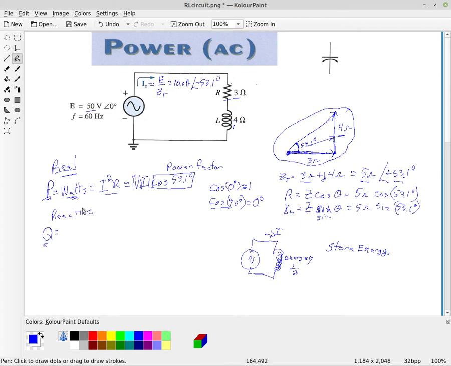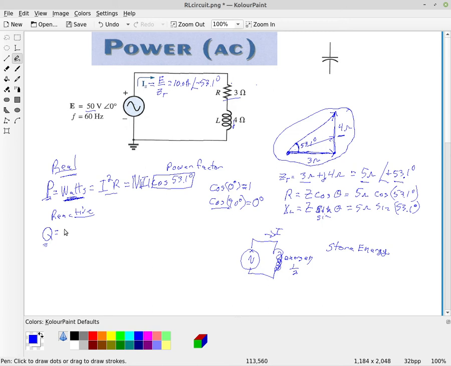Reactive power means it's the power or the energy that's being stored within the inductor or within the capacitor. And so reactive power is not measured in watts. Watts is reserved for true power.